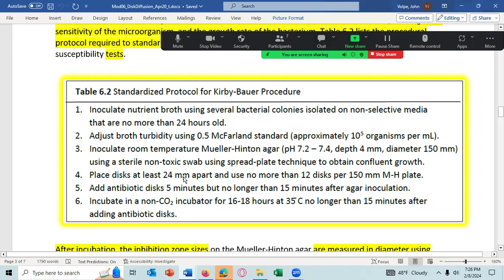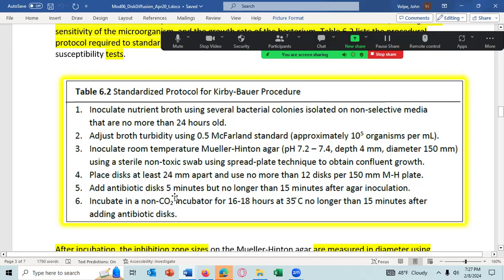You then place the disc containing the antibiotic on the plate. The discs must be at least 24 millimeters apart from each other and no more than 12 discs put on a plate. And as I said, the plate will be 150 millimeters. So there it is right there.